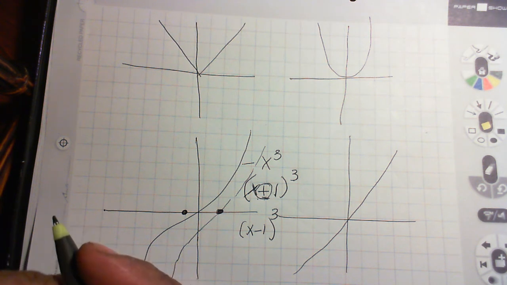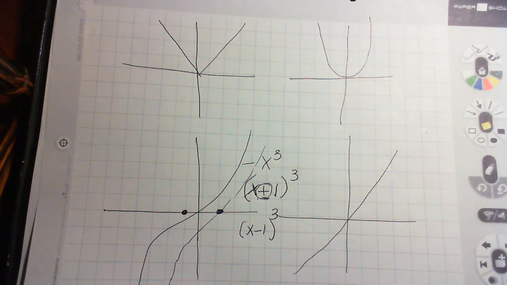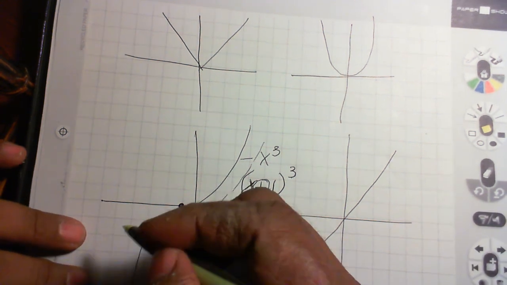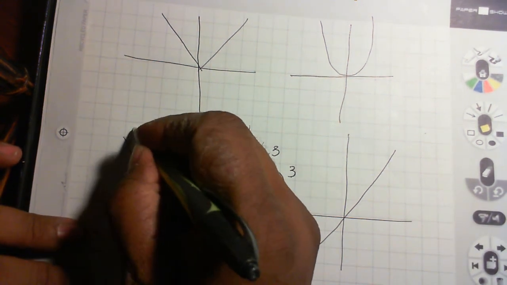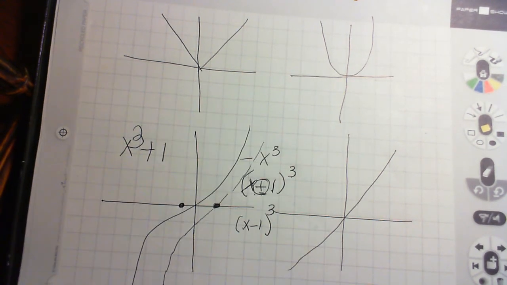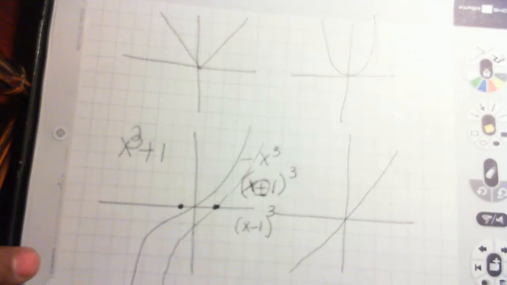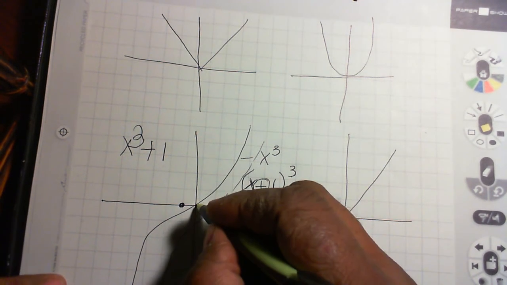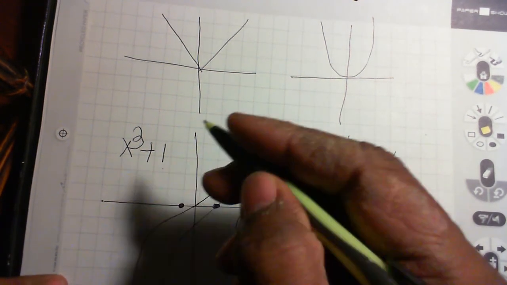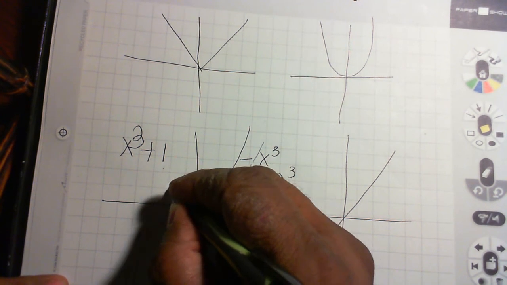As opposed to if you are performing something with the x itself, so cube it, square it, or whatever, and then you add, for example, x squared plus 1, here you are moving up or down. So x cubed plus 1, I would move it up.